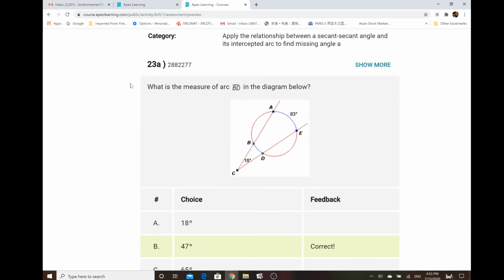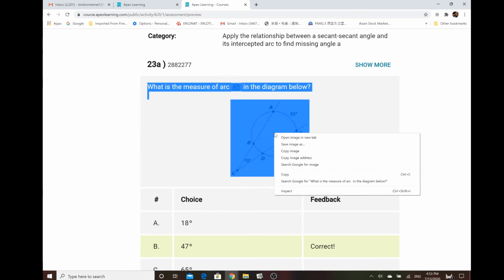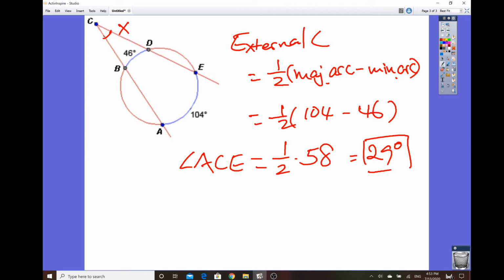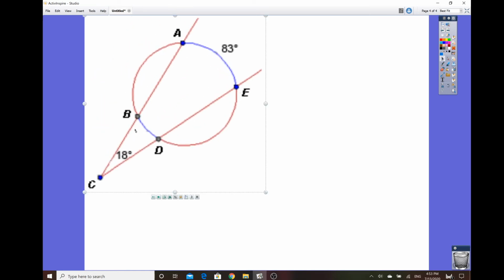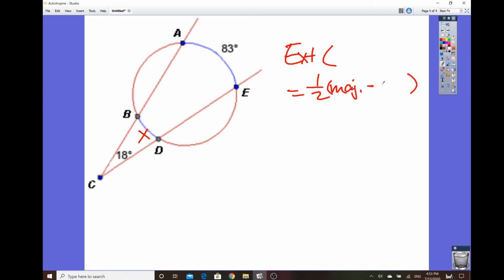Now what about when the minor arc is not given and that's what we need to find out? This time we need to find the minor arc, so we set an unknown variable x for arc BD. The external angle formula once again is 1/2 times the quantity of the major arc minus the minor arc.